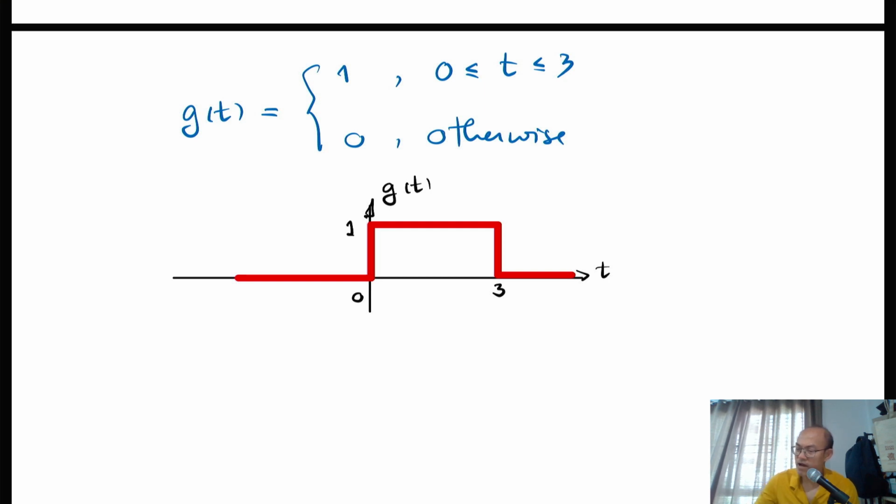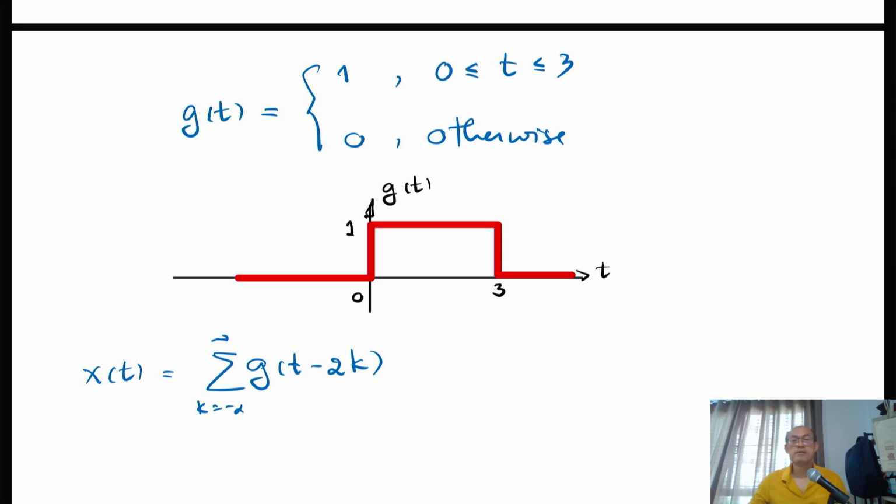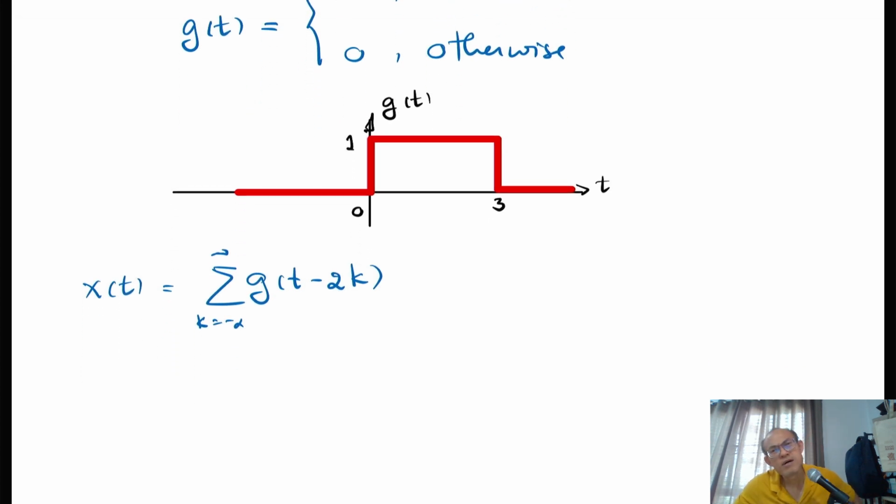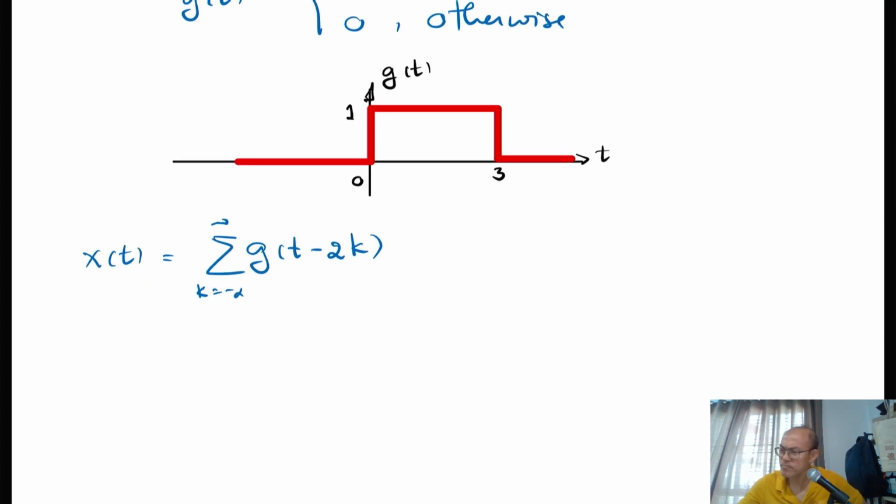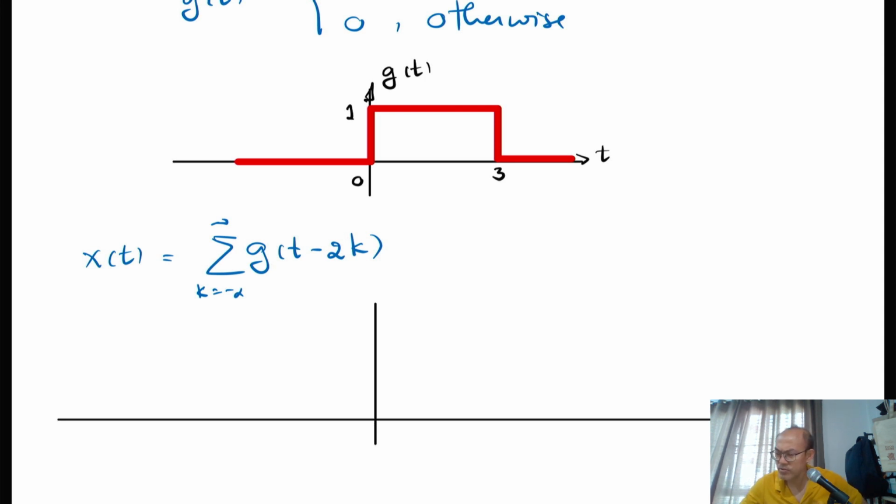Now, if I define x as the sum of g of t minus 2k. Now let's draw x. So if I'm going to draw x, now when k is 0, I have g, right? So I'm going to put g here.